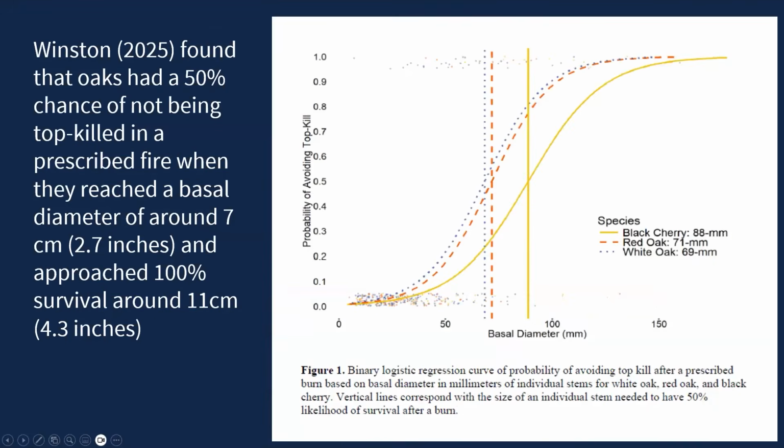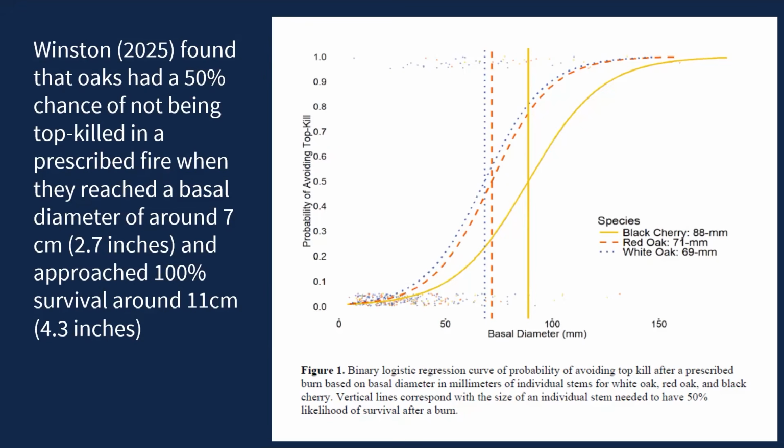And so it takes a surprisingly big tree, even with an oak, to keep the top part from being top killed. Winston found that an oak seedling or sapling has about a 50% chance of not being top killed in a prescribed fire when it reaches a basal diameter, the diameter at the base at the ground, of about 2.5 inches. So a 2.5 inch oak is basically a coin flip whether it's going to be top killed or not in a fire.